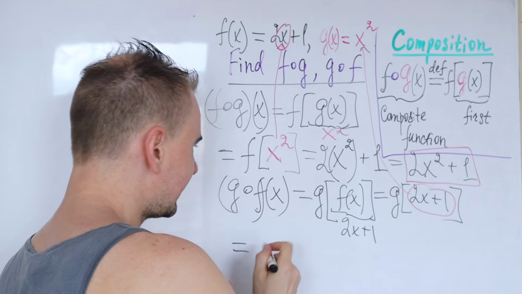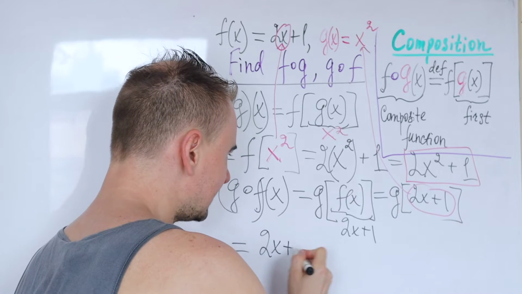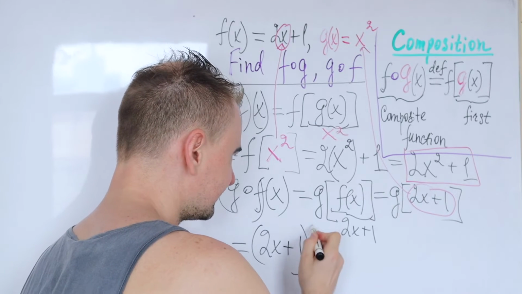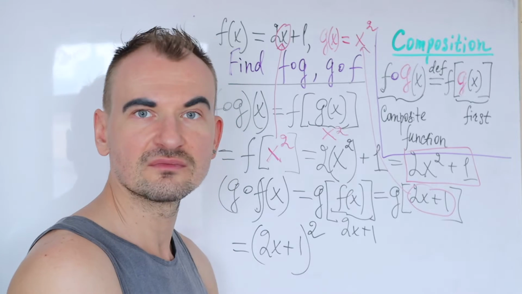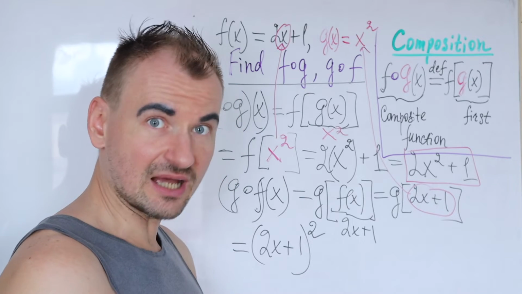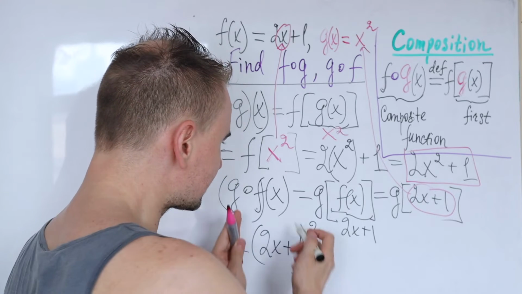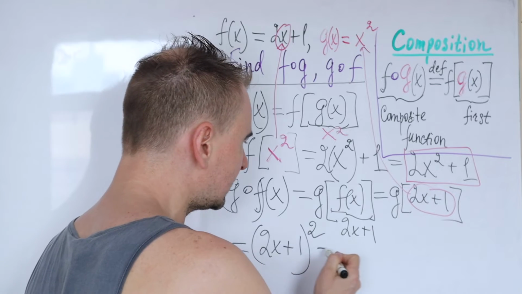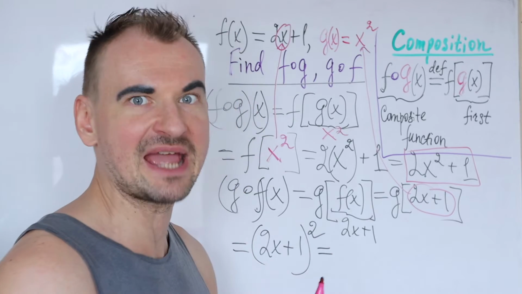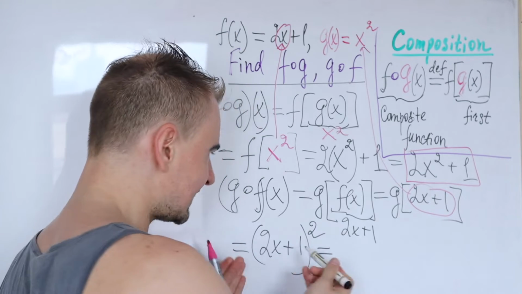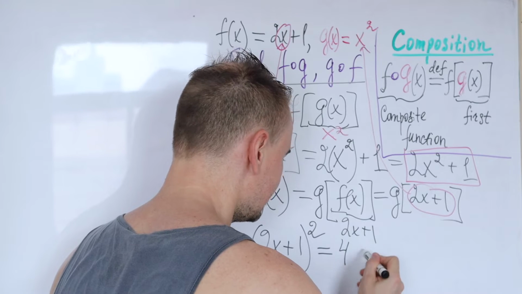So I would have just 2x plus 1 squared. We're done. Technically we're done. This is just a binomial squared. If you like, you could expand it, FOIL it out, but technically it's done. That's the answer.